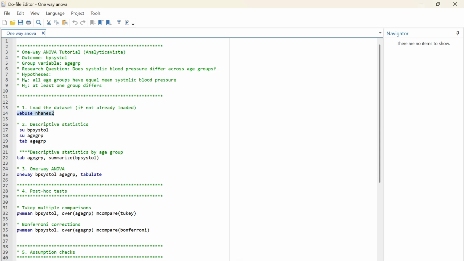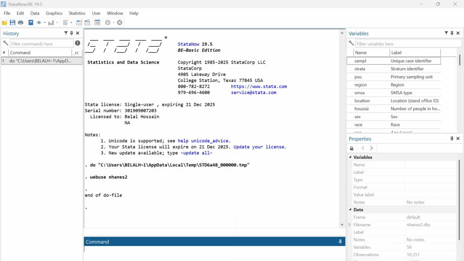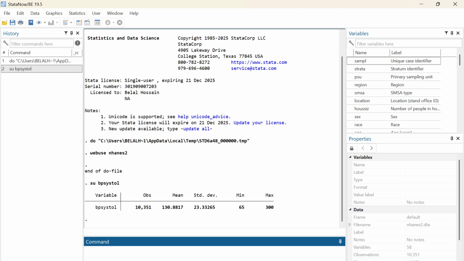So the question is, does systolic blood pressure differ across age groups? We're going to get the descriptive statistics for the BP systole variable, and you can see this is a continuous outcome, with minimum 65 and maximum 300.